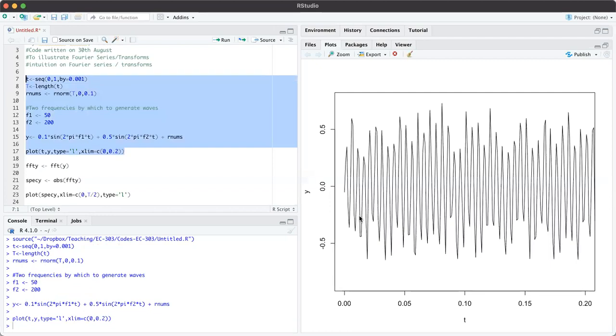So this is what the superposition of the two waves that I created looks like. Because it is only a superposition of two waves, it does look periodic. But what you can clearly see is that there is some amount of distortion to it in many ways. One way being the spikes.